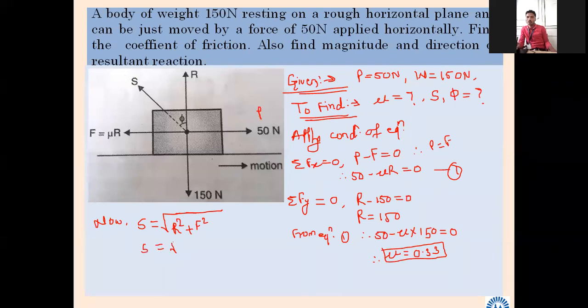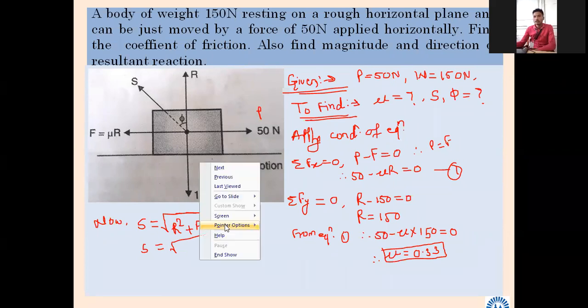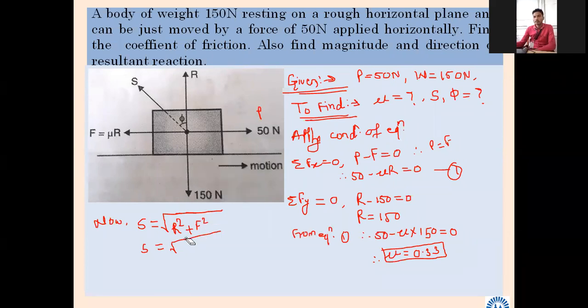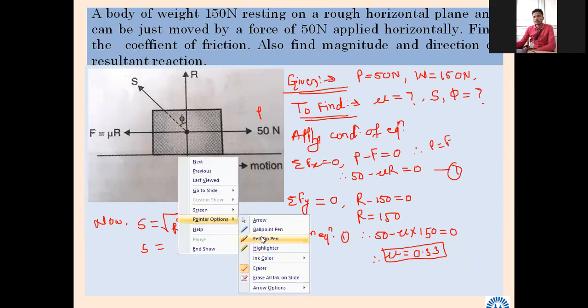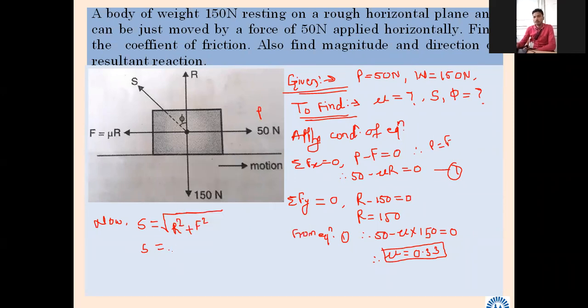Equal to under root 150 square plus 50 square. Just check how much it is coming. 158.11.